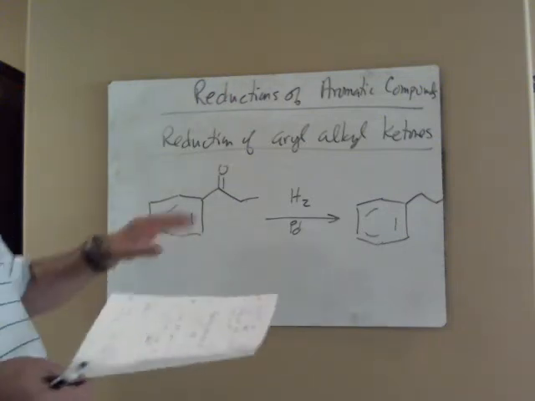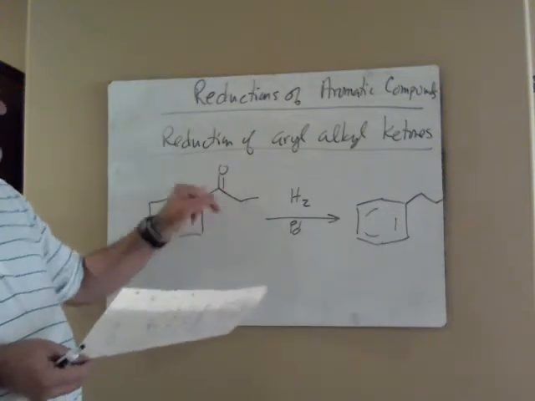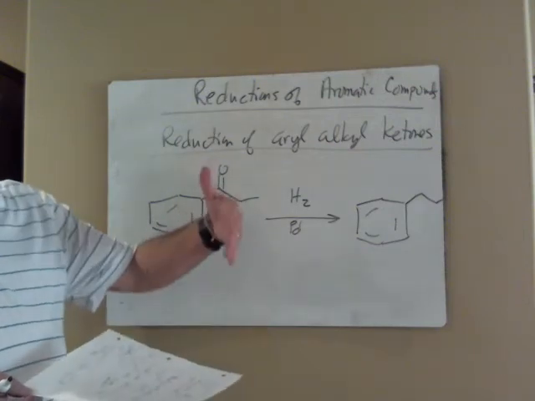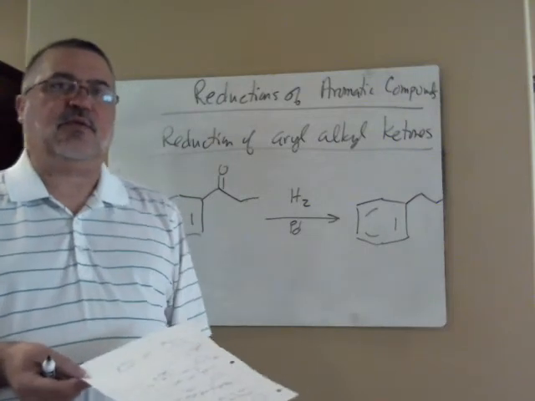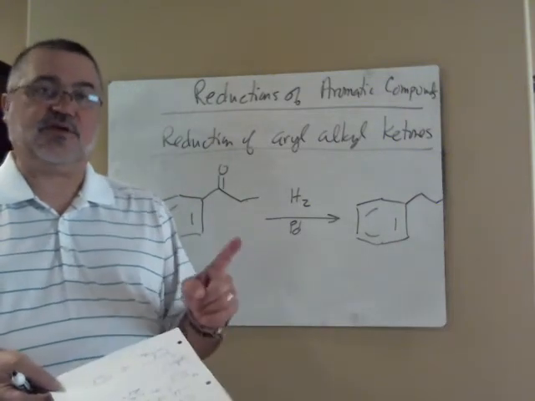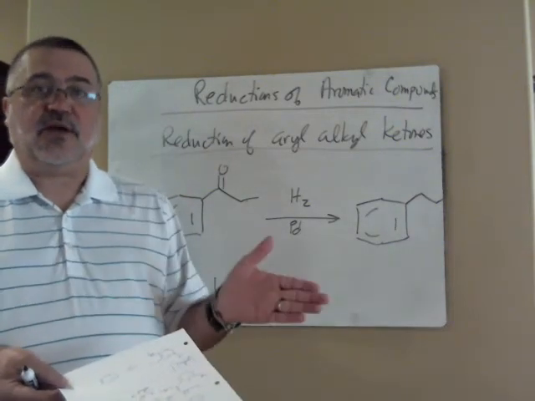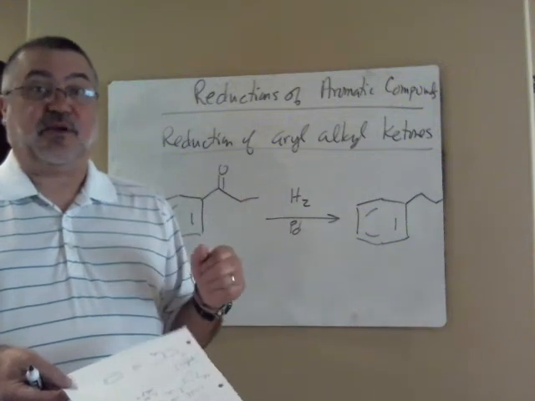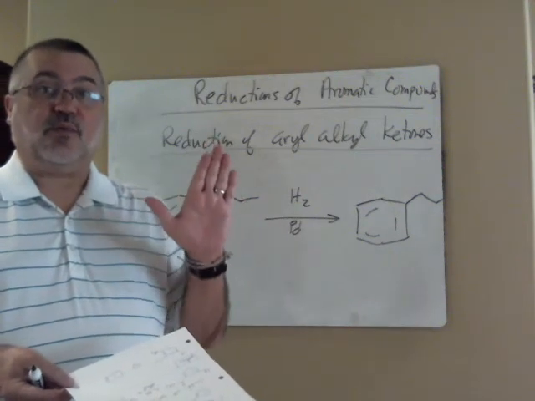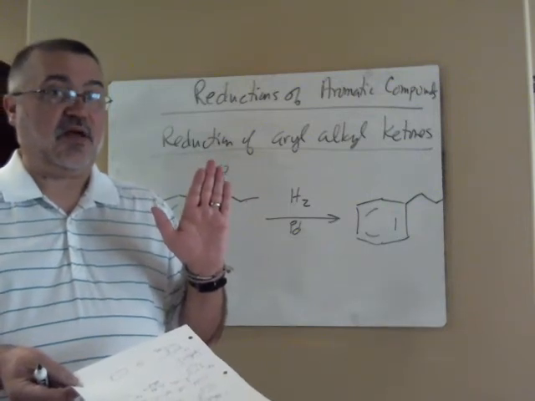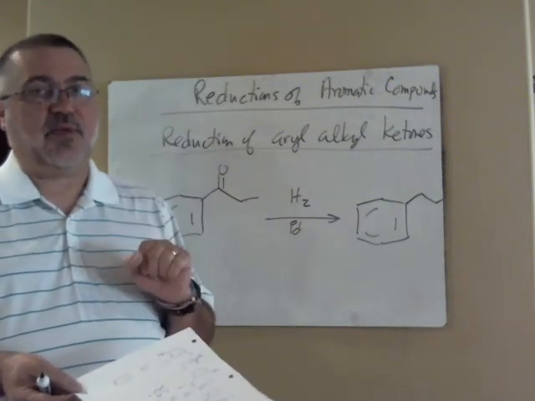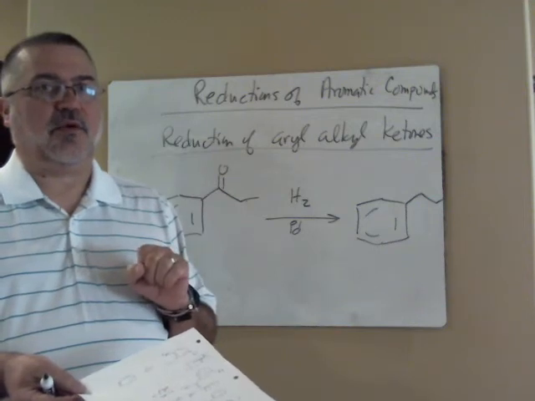And so why would this carbonyl be reduced where the one we saw earlier in the lecture was not? What is the difference between this carbonyl? It's the position. This carbonyl is in the benzylic position. It is once removed from the double bond. So its reactivity is different. Here, it can be reduced under normal conditions.